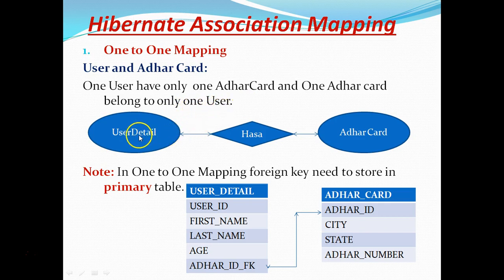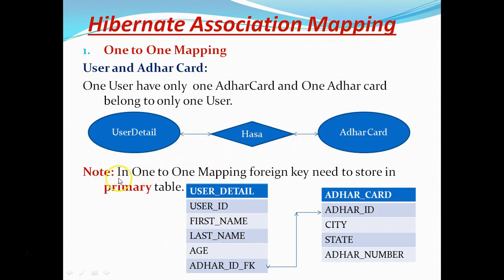I have taken the entity class name as user entity and the other entity class is Aadhaar card, and both have a has-a relationship with each other. I will explain these things in Eclipse.